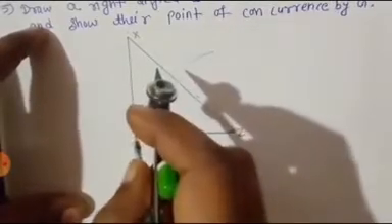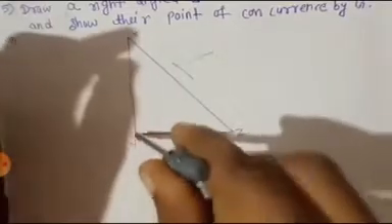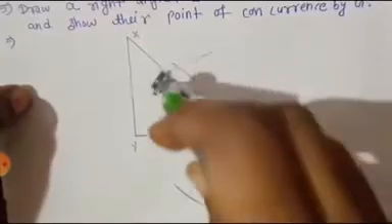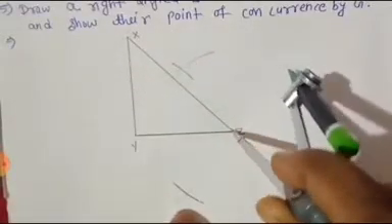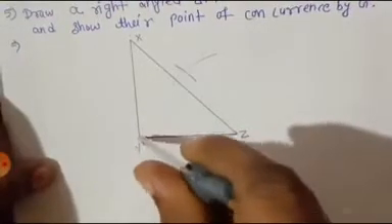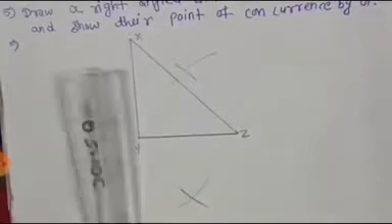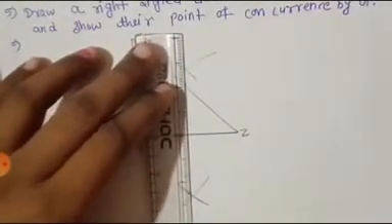Take more than half, put on Z, upper arc, lower arc, and one time put on Y, upper arc, lower arc. Now you will get these 2 points, upper side and lower side. Now join these with the help of a scale.